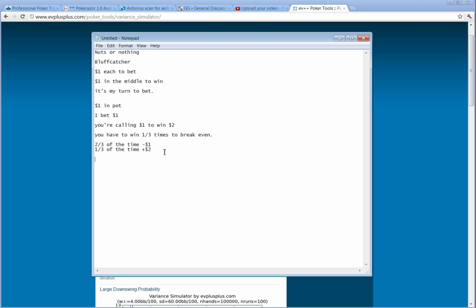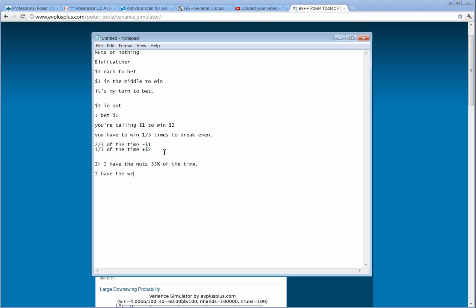So say I have the best hand 33% of the time. What if I bet, and so I always bet when I have the best hand, and I bet, okay, this would be easier to explain if you were here.